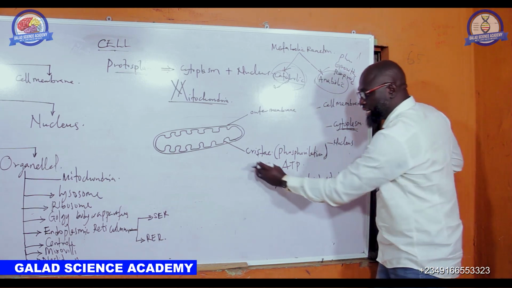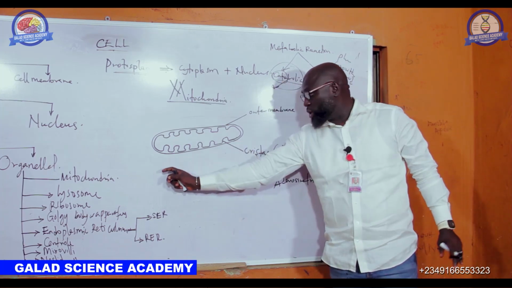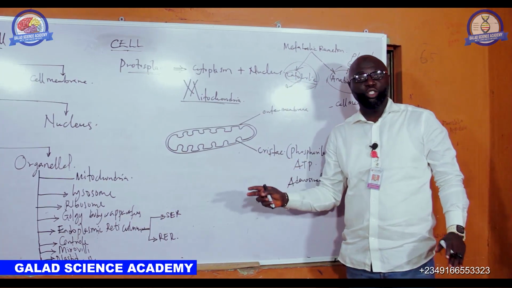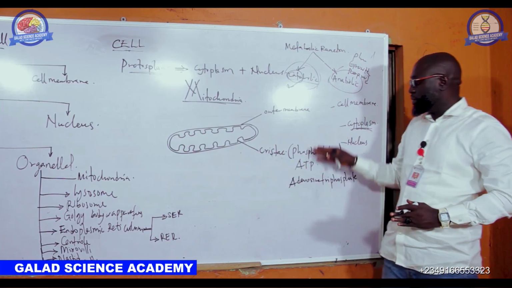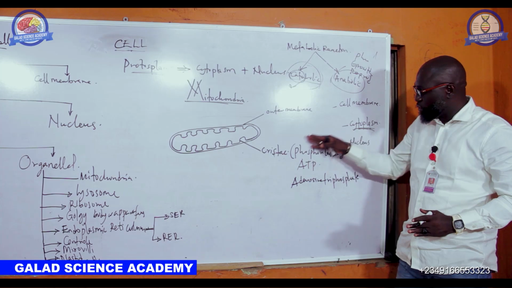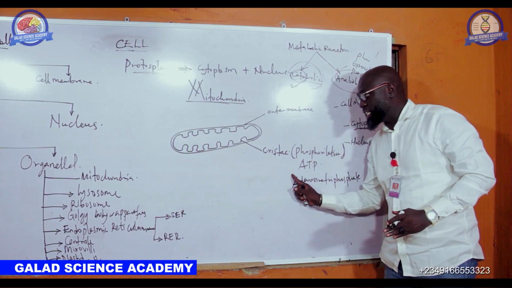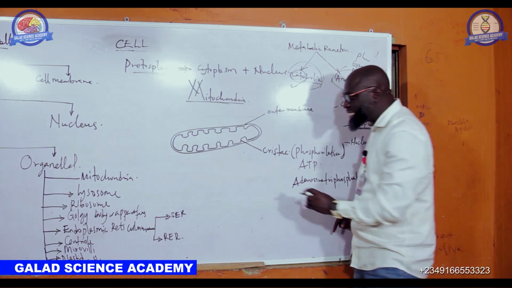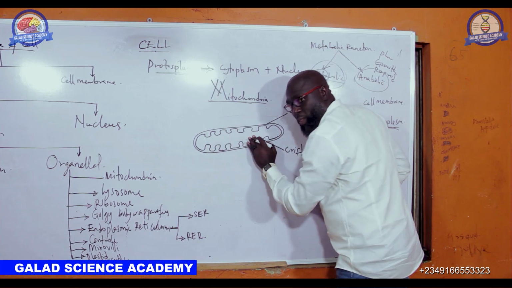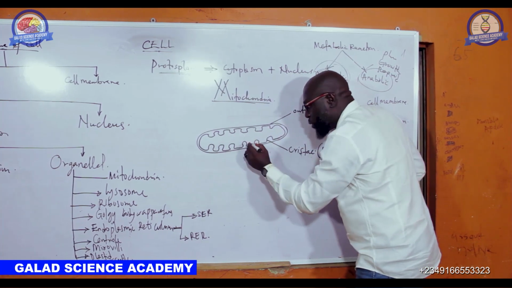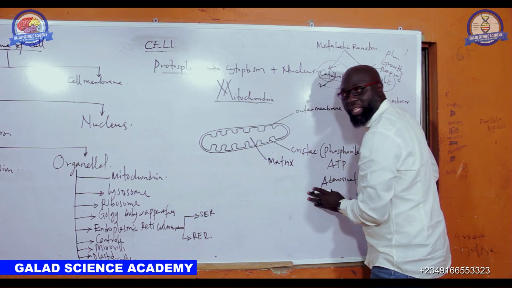In short, the inner fold membrane of the mitochondria is called the cristae, and its function is to increase the surface area of the mitochondria, and to be used for phosphorylation to produce energy in the form of ATP. The next thing we need is the inner fluid of the mitochondria, which you call the matrix.